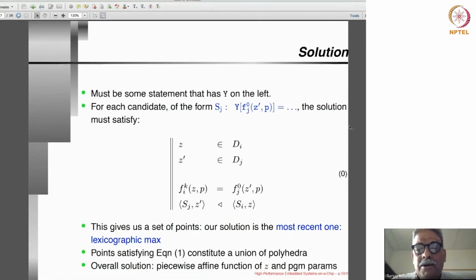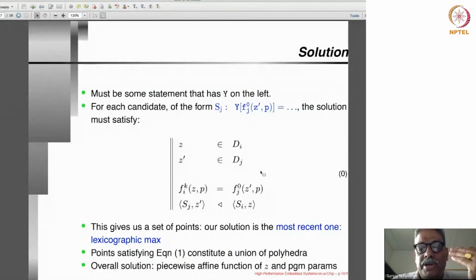Well, they will be in dependence only if they access the same memory location. The memory location being read by the reference in Si must be the same memory location to which that particular instance of Sj wrote. Otherwise, there is no dependence. So f subscript i superscript k of Z and p must be equal to f subscript j superscript 0, the write address of the statement Sj, and therefore that function applied to Z prime and p.